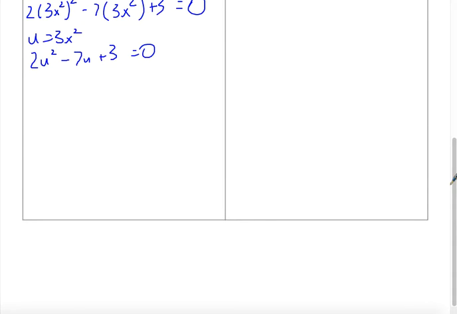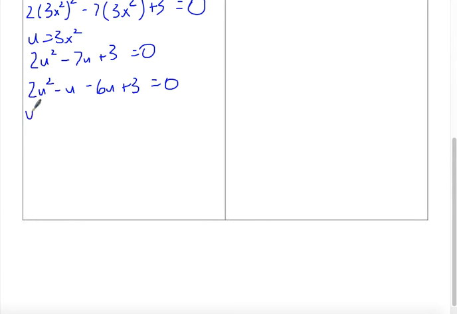So I need to find numbers that multiply to 6 and add to negative 7. So that's going to factor to 2u squared minus u minus 6u plus 3.